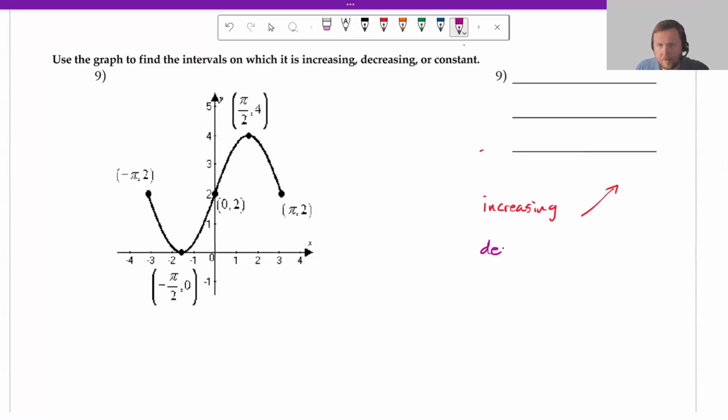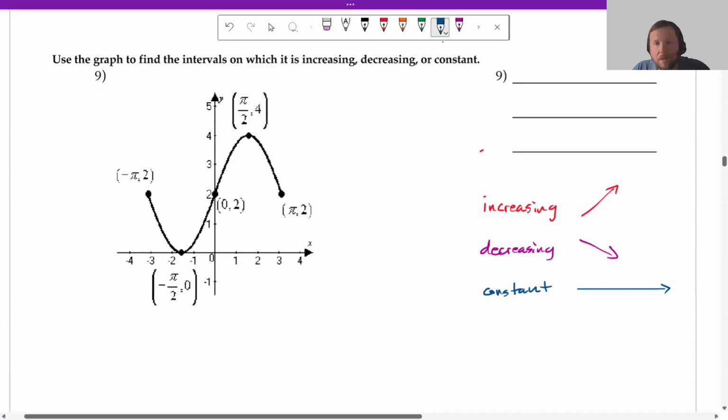Decreasing, it's doing that. Constant, it is staying the same. Well, let me see if I can make it perfectly horizontal. Does that look horizontal? Or is that askew? I can't tell.